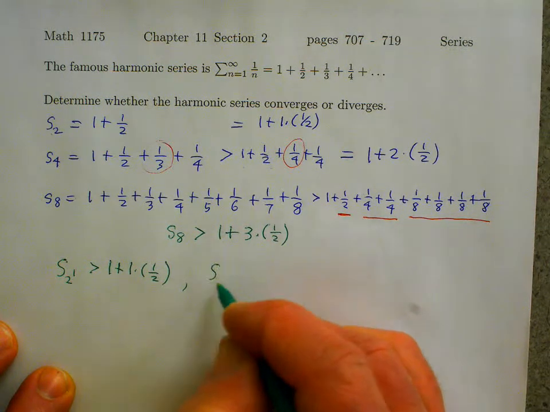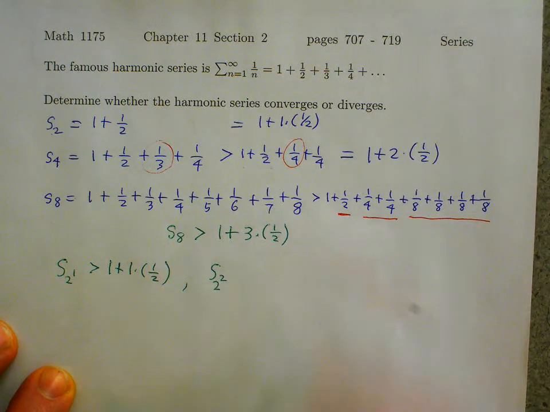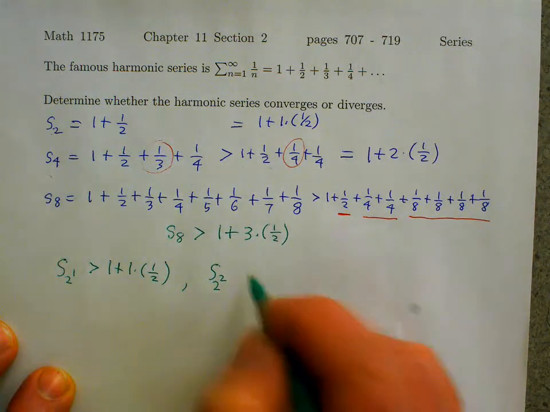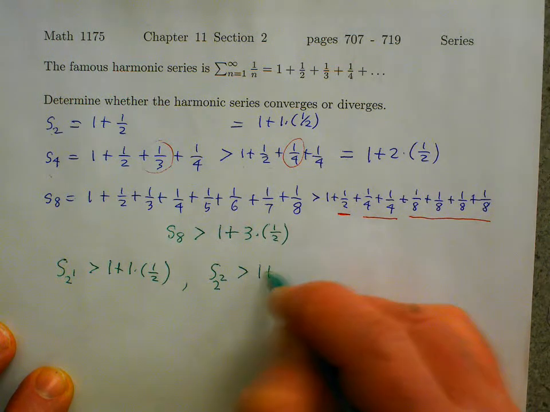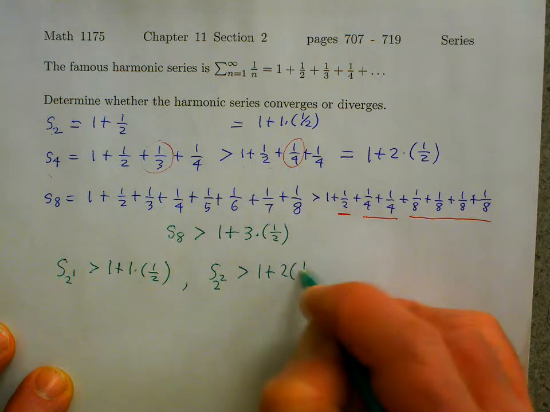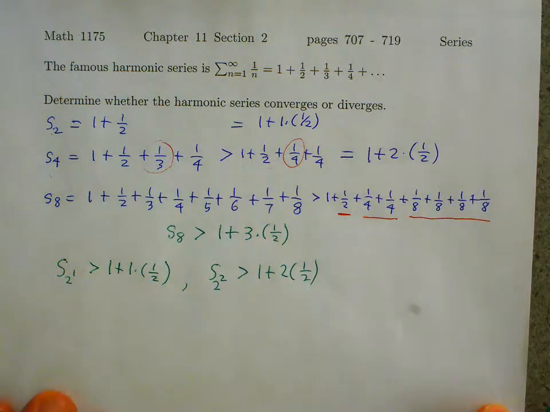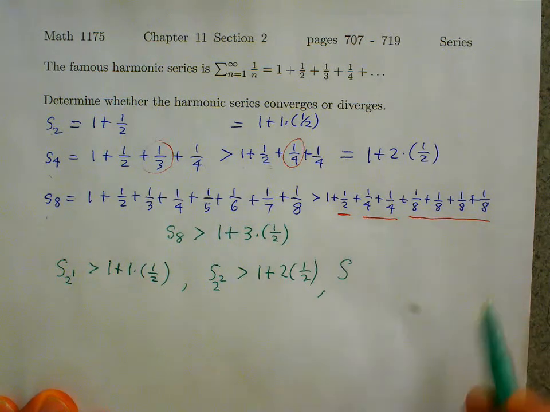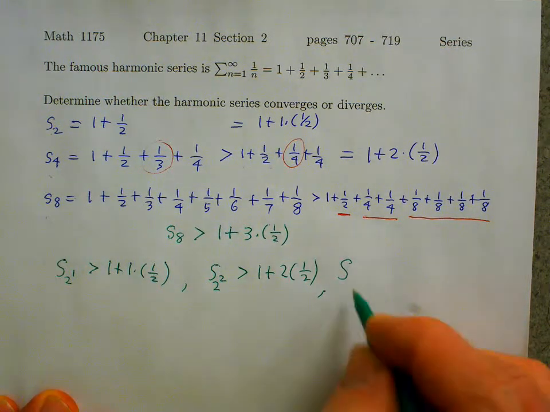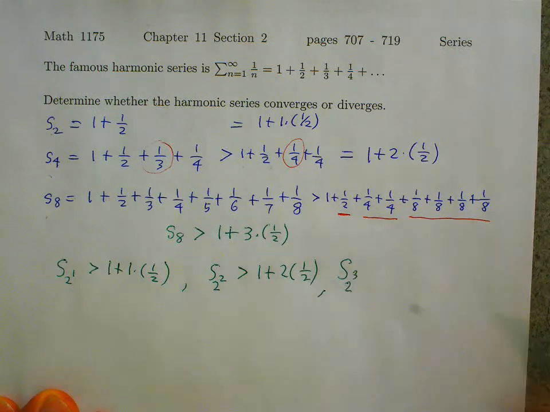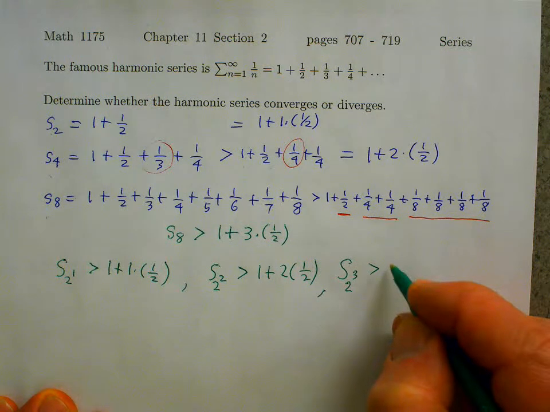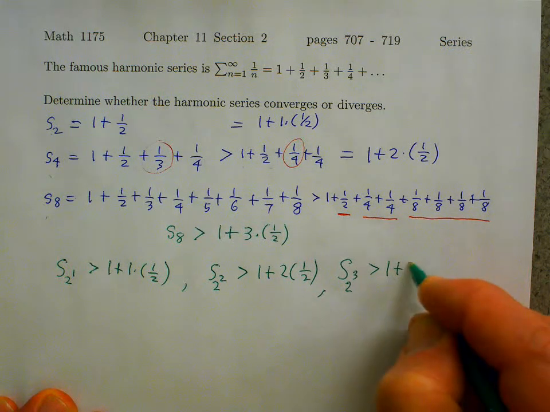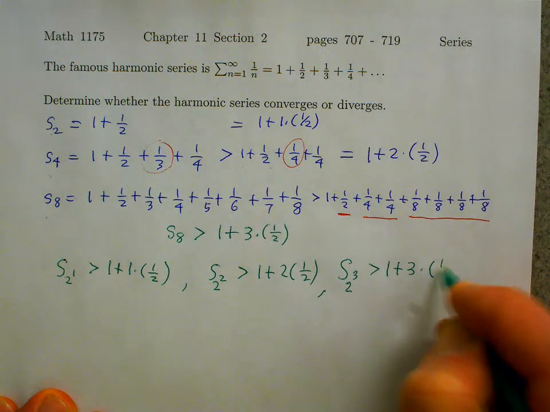And S sub 2 to the second, that's what S sub 4 is, is greater than 1 plus 2 times 1/2. And then S sub 8, instead of writing 8, I can write S sub 2 to the third, which is greater than 1 plus 3 times 1/2.